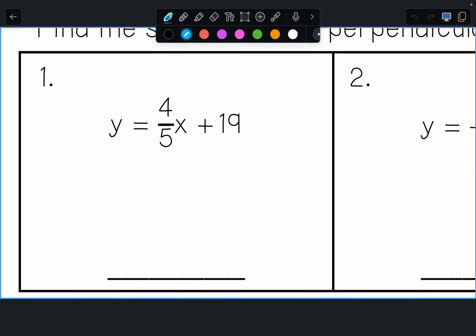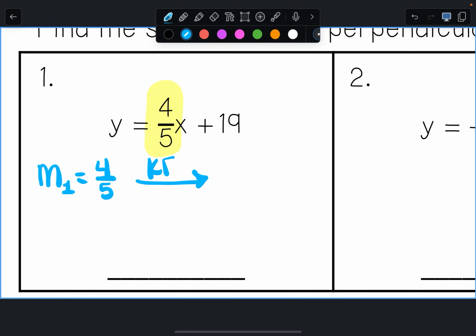They give you an equation. You don't need the whole equation. All you need is the slope from it. What is the slope of this line? 4/5. So we're going to write the original slope is 4 over 5. Because we need a perpendicular slope, we're going to keep, flip it, and change it.